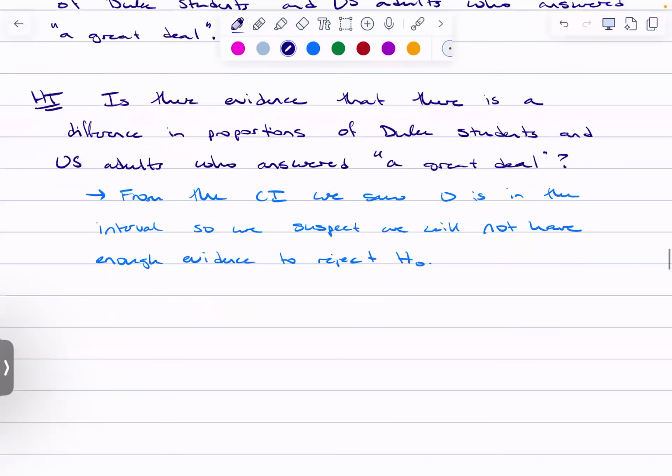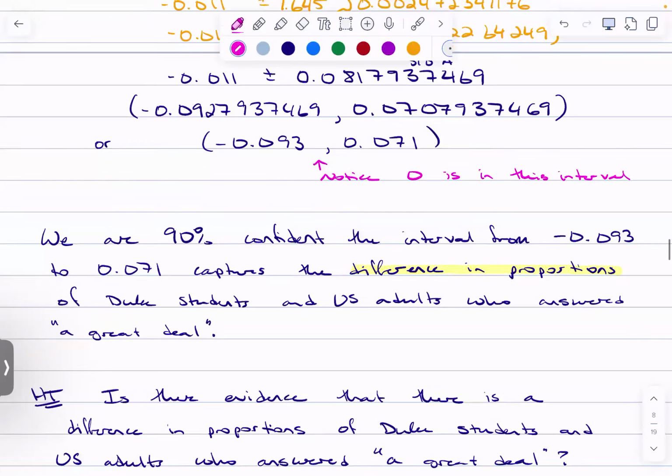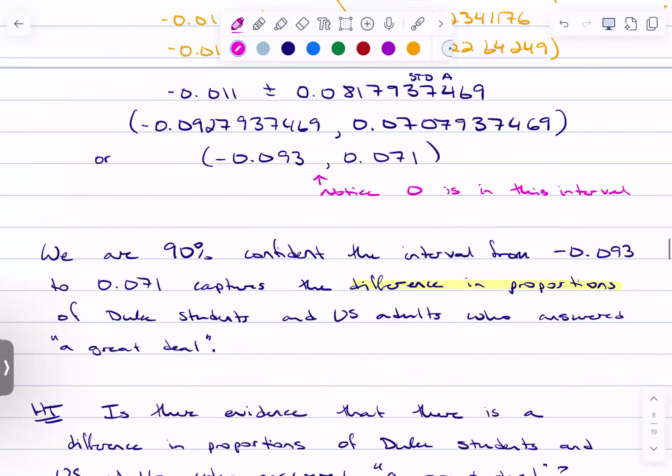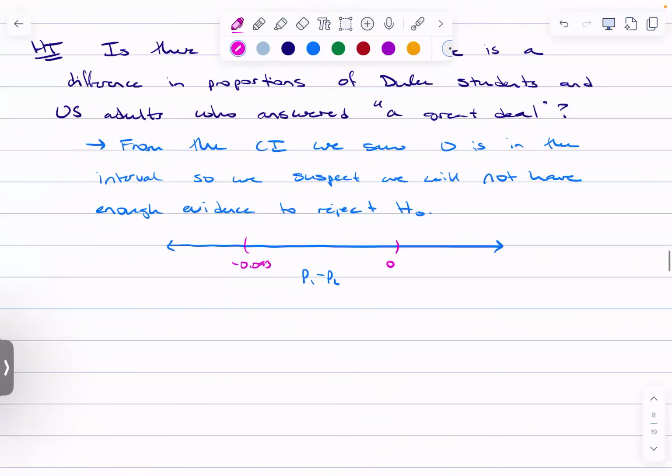Because this interval, just to highlight what I mean here, is now we're talking about how P1 minus P2 behaves. So on this number line, we found that it was between negative 0.093 and 0.071.